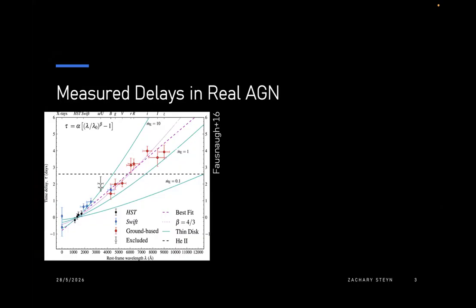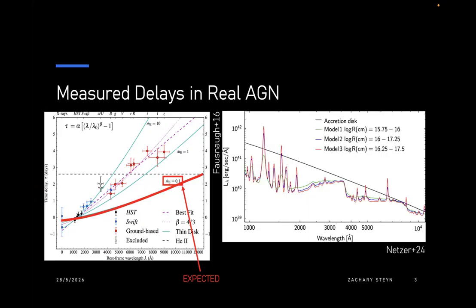A universal issue that people have come across is that the disk sizes are about 3 times larger than you traditionally expect from a Shakura-Sunyaev disk. One of the potential reasons is that you have contributing emission from a more distant source, the broad line region, with a mixing between this disk delay and a more distant BLR that's dependent on the fraction of the flux that comes from each.